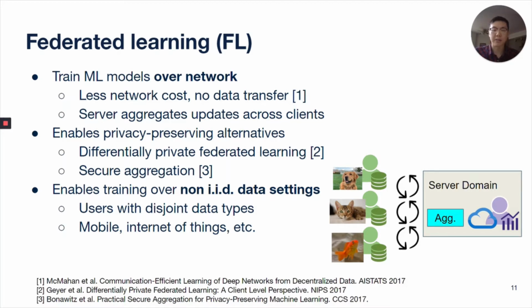A user could have photos of just dogs, another user just cats, another user just fish, and a global model can be trained across these data sets that satisfies a global learning objective. This is important because any individual client's dataset would not be able to supply this objective, but federated learning enables training over this data setting. This has caused a spark of interest in domains such as mobile and the Internet of Things, and applying federated learning to those settings.